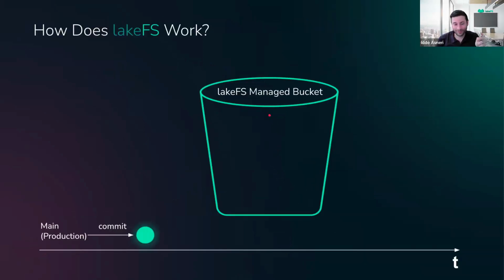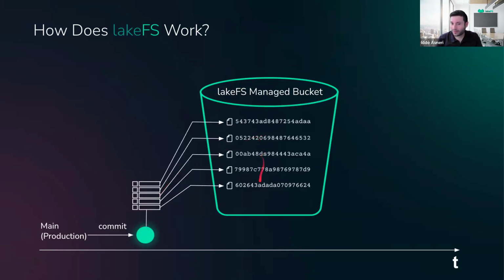Thanks for stressing this. The way that this works is the data will be sitting in your bucket, and with lakeFS, every commit is a collection of pointers to objects that sit on top of your managed bucket. Now, object stores, as we all know, are immutable, right? So if I want to change this file, what I actually do is write a new version of this file.